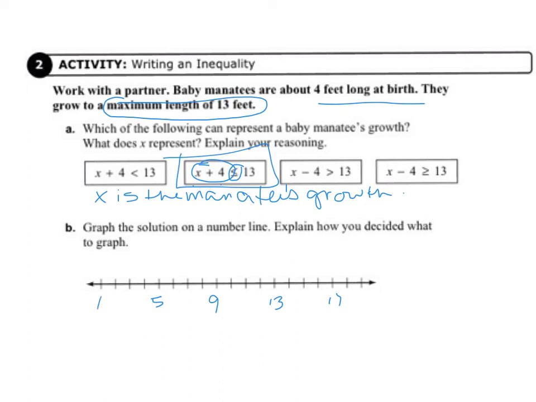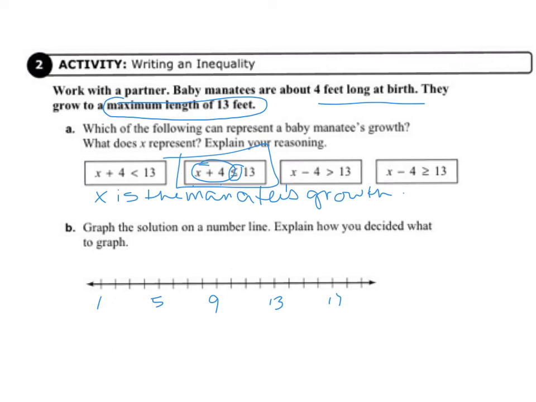So let's think about our little manatees here. They start out at 4 feet long, and then they grow up to a maximum length of 13 feet. And so we're just graphing their growth.